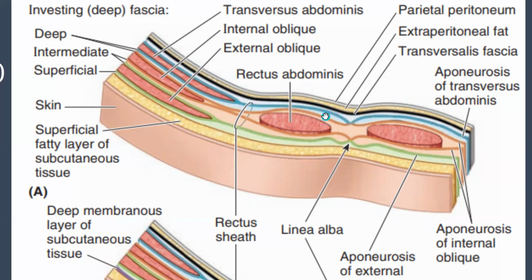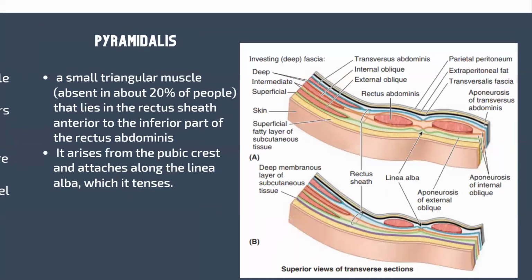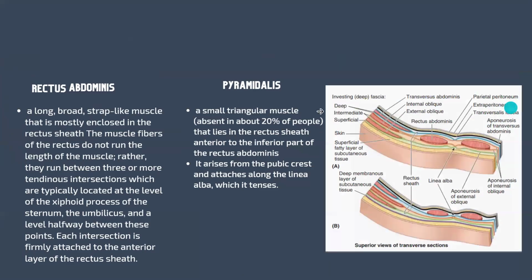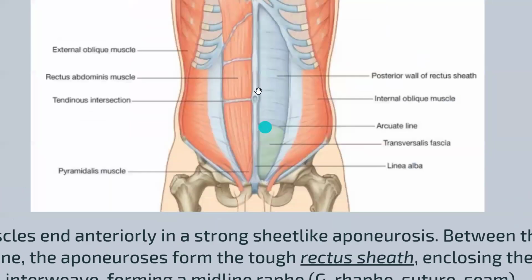All right. Now there is an exception, and it is a very important exception here. In this picture, you can see the rectus abdominis muscle with a posterior wall of the rectus sheath, all right? And we see that the sheath is going from the transversalis fascia as well as the rectus sheath.